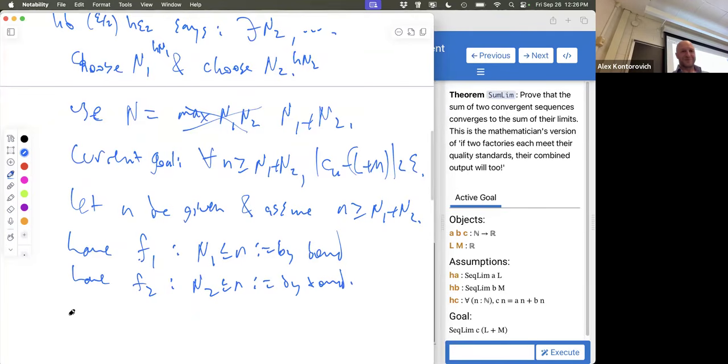Specialize HN1 to little n, and with F1, this makes HN1 equal to what hypothesis?